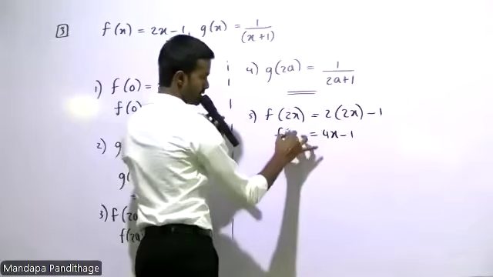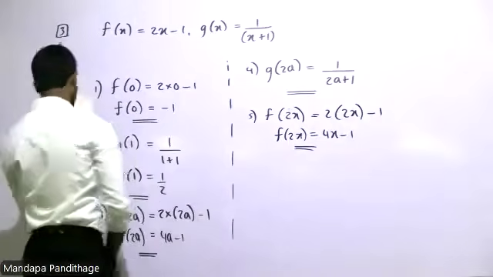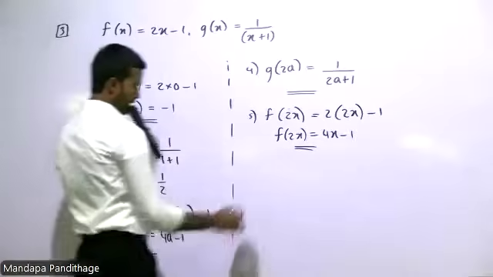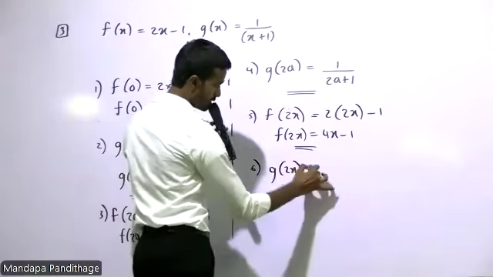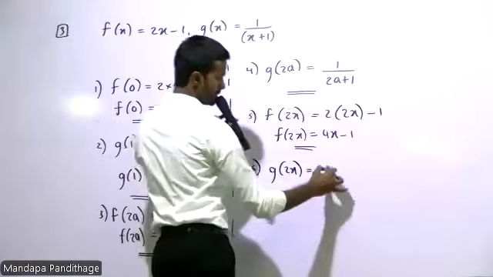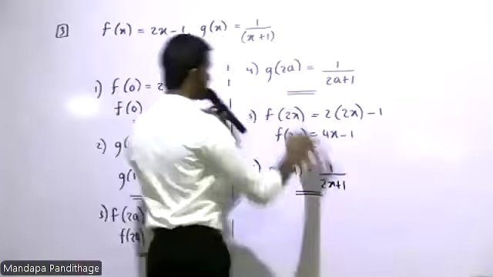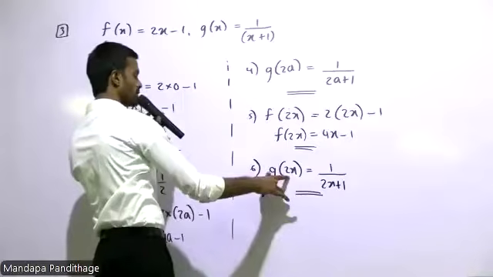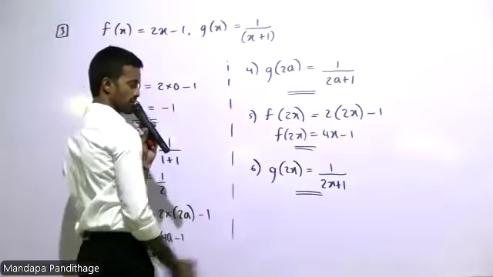So f2x is the same as f2a, 4a minus 1, 4x minus 1. Then we have g2x, same thing. Here x should be replaced by 2x. X has been replaced by 2x. So even in here, x should be replaced by 2x.